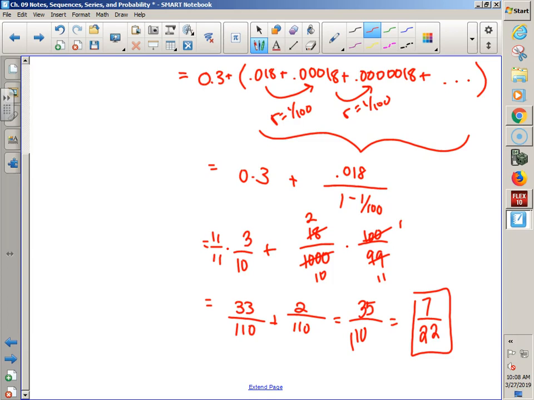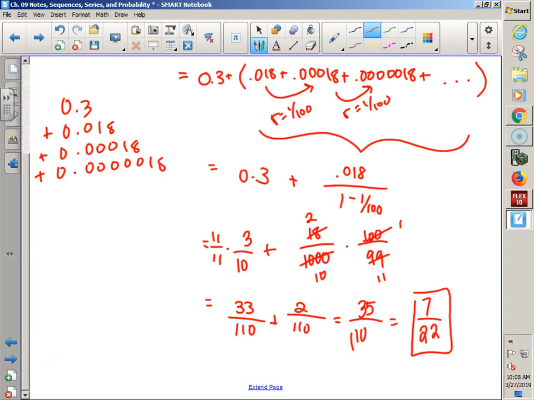When I first gave you, it was 0.318. 3 was in the tenths spot. 18 was in the hundredths and thousandths spot. I separated the 0.3. So wouldn't 0.3 plus 0.0181818 give 0.3181818?